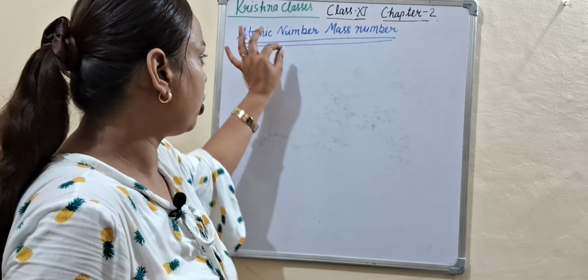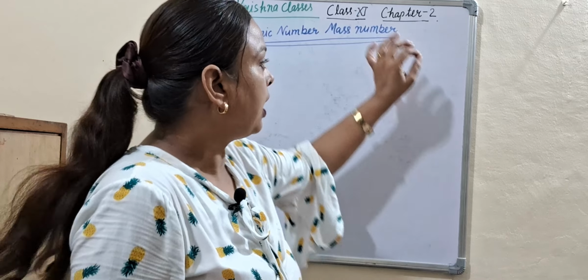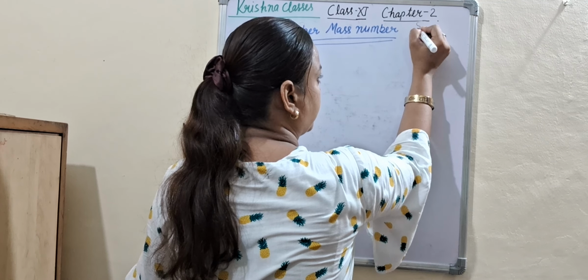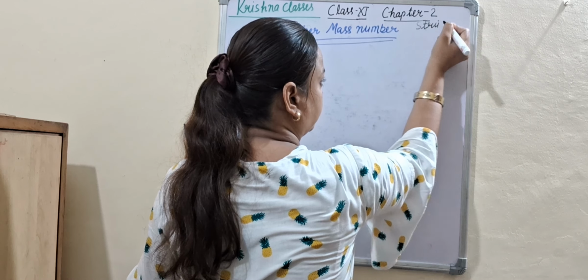Today's topic is atomic number and mass number. And the name of the chapter is structure of atom. You know very well the name of the chapter is structure of atom.